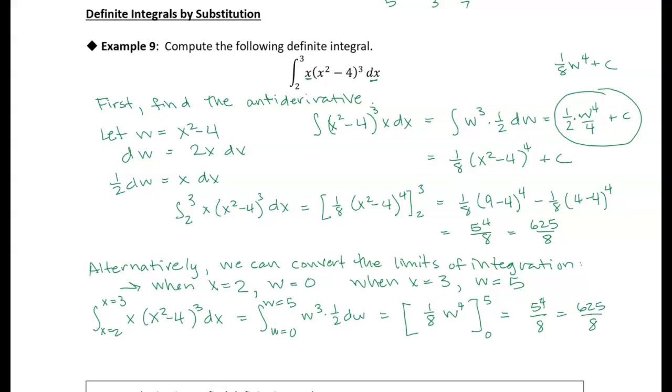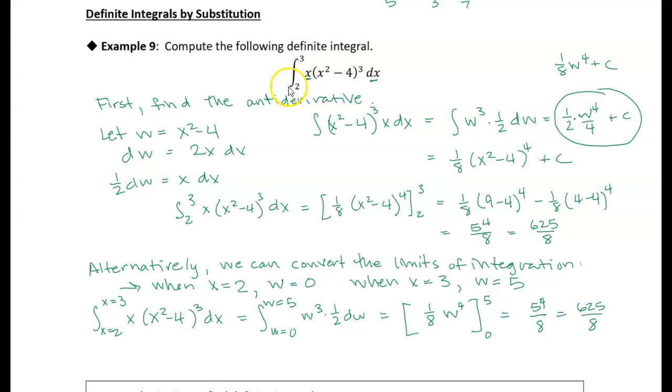So I just wanted to show you that alternative way. It might save a step of having to convert back to x. But you still have to convert the limits of integration to w, the values that w is at those values of x.